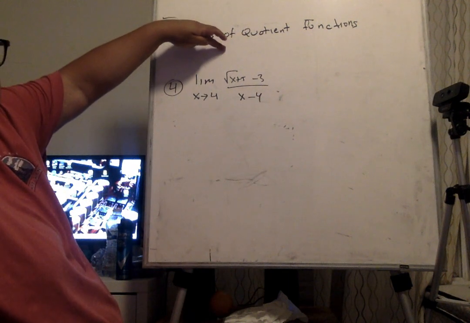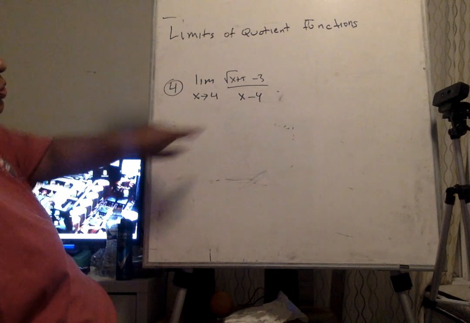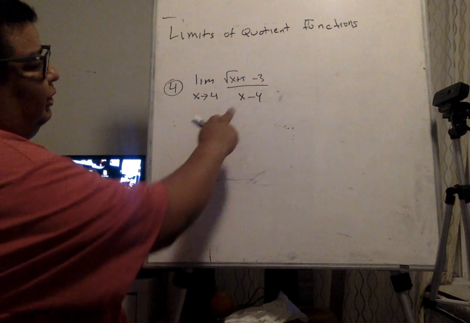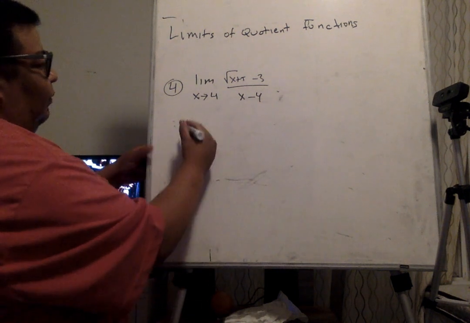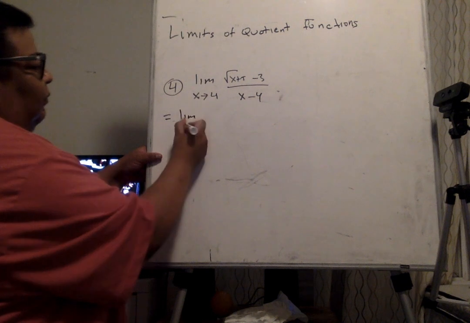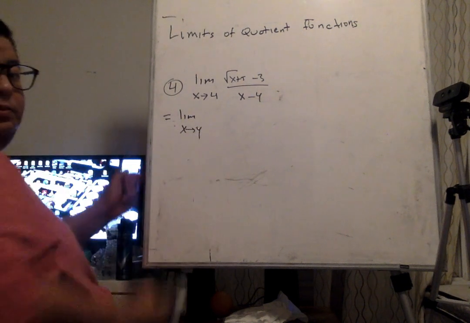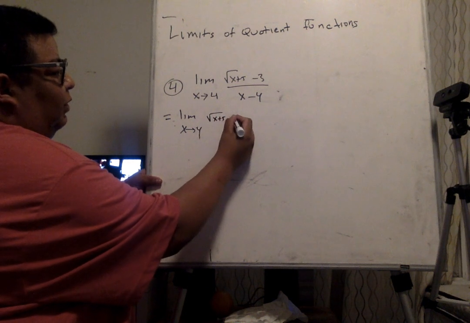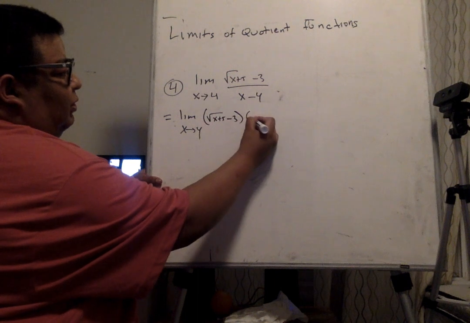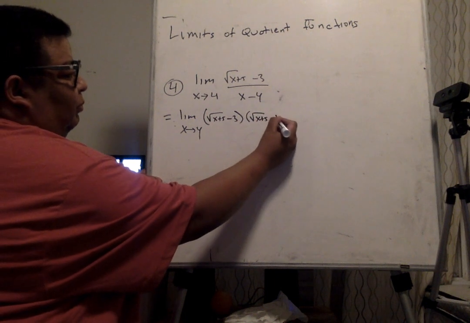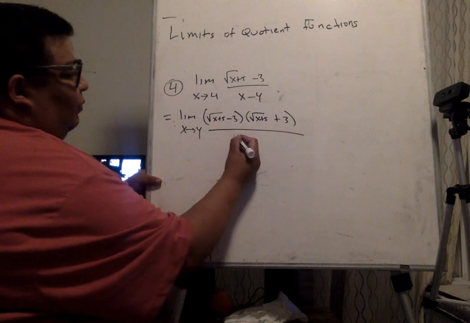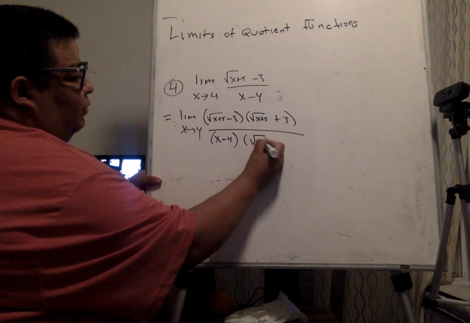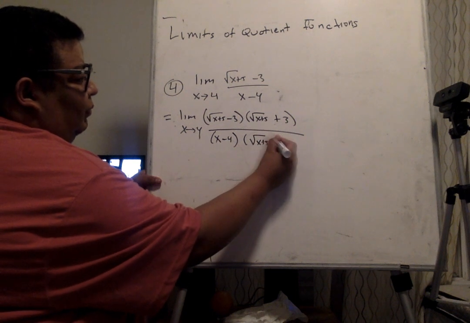Notice in this problem we're including a radical. So when we have this type of problem, we're going to have to multiply the numerator and the denominator by the conjugate. Let me show you what that means. So this is equal to limit as x approaches 4 of square root of x plus 5 minus 3 times square root of x plus 5 plus 3, and then x minus 4 over square root of x plus 5 plus 3.